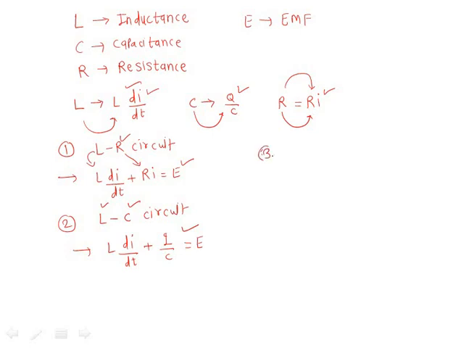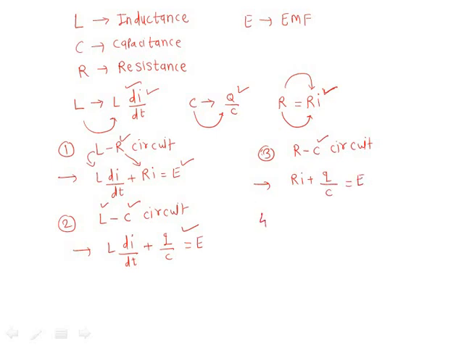In the similar way, for RC circuit, for R we will use Ri, then we will put plus sign, and for C we will use Q by C. So here I am writing small q upon C, and right hand side is E.